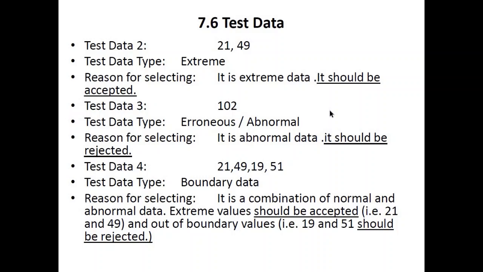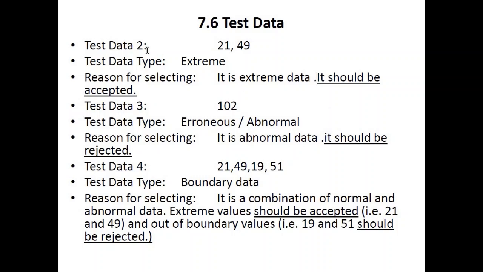Reason for selecting is that it is a combination of normal and abnormal data. Extreme values should be accepted, means 21 and 49 should be accepted, and their corresponding out of boundary values like 19 and 51 or 20 and 50 should be rejected.